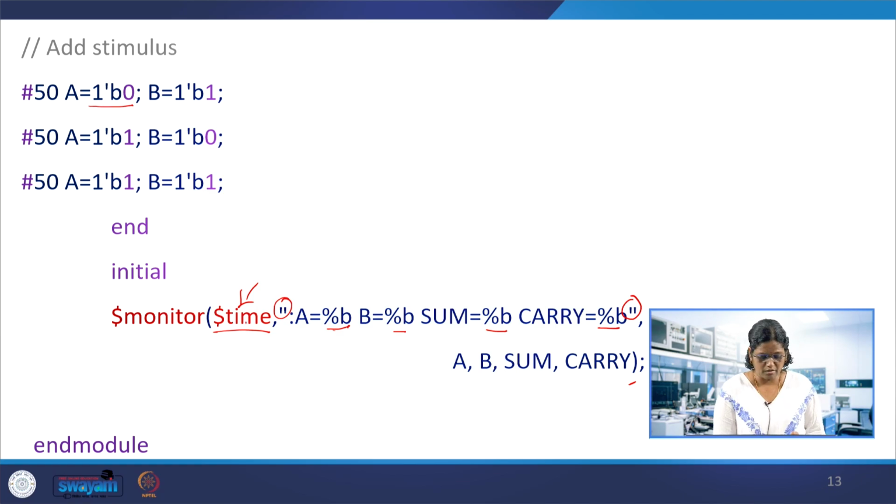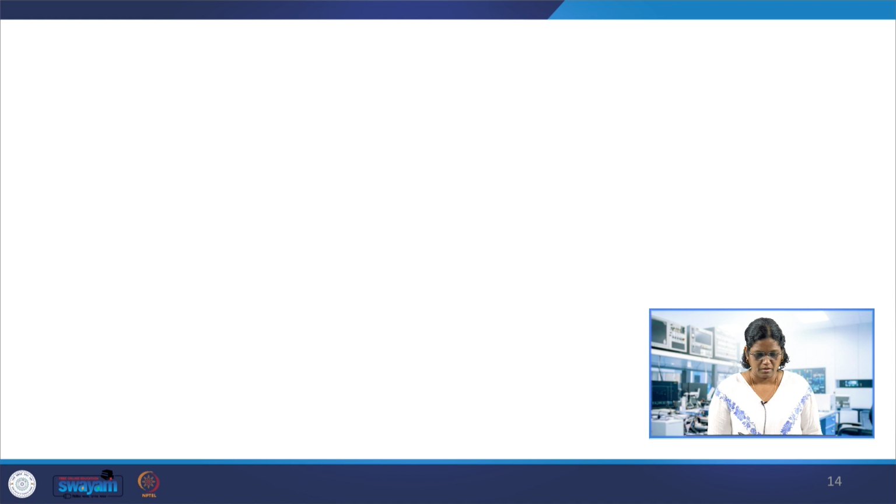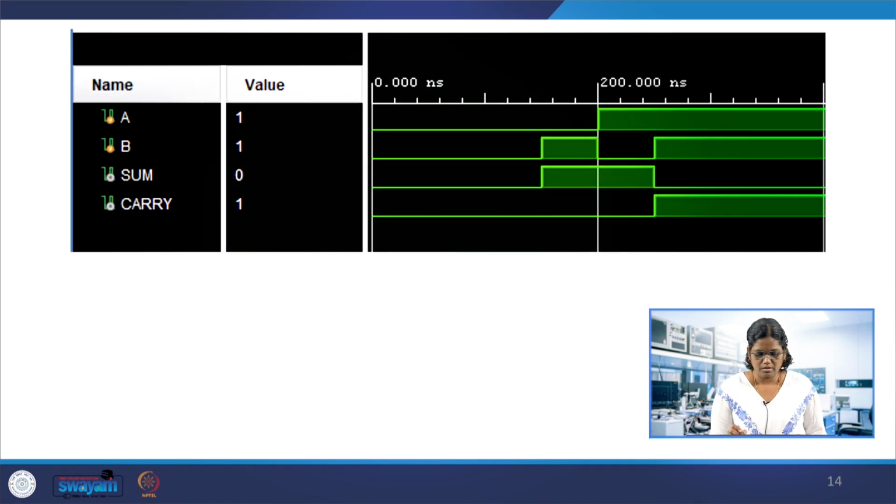Let us see what the output of this is going to be. See the example in which a and b are showing 1 1. Where the marker is, it is showing sum and carry. Initially a, b are 0, sum is 0 and carry is 0 till this point.